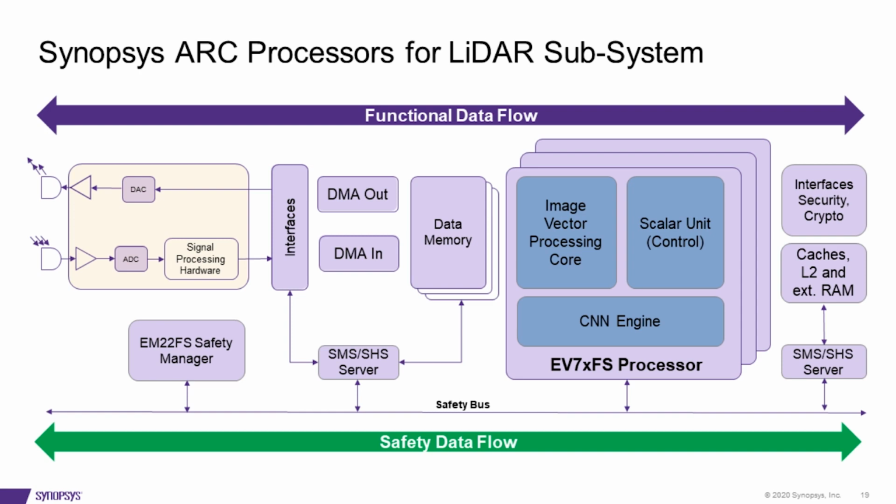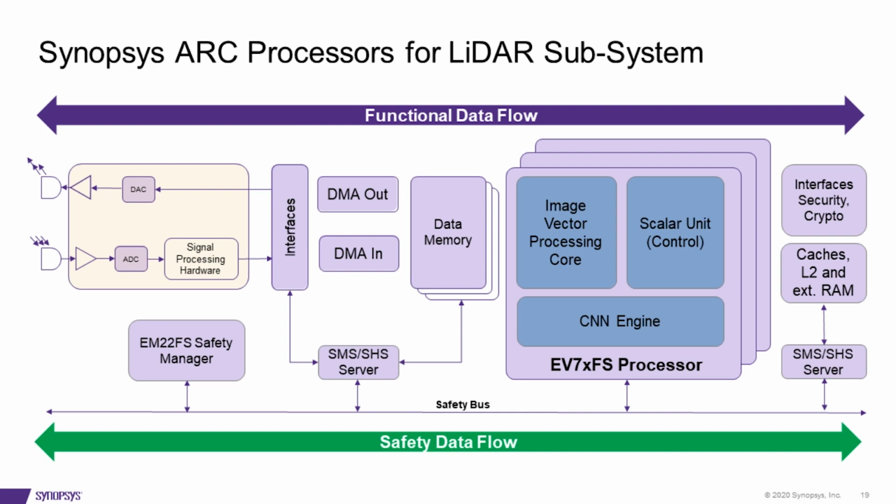So stepping back at a high level, how does that look? The idea is that the functional data flow and the safety data flow are separated. The functional flow is feeding from the sensors themselves, through the interfaces to the memory, being processed, whether that's with our embedded vision engine, our dedicated vector processing engine, or a simple scalar processor with DSP capability.